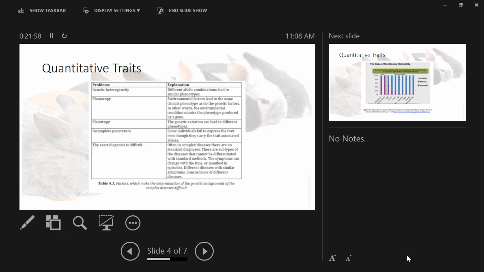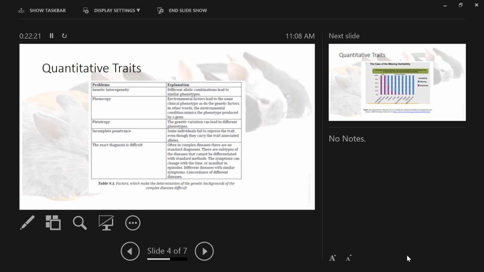And then pleiotropy, and this is basically where you have a single gene that impacts several different phenotypes. Okay, and so two people could have the exact same genome, which we know isn't even true for identical twins, but let's assume it were.